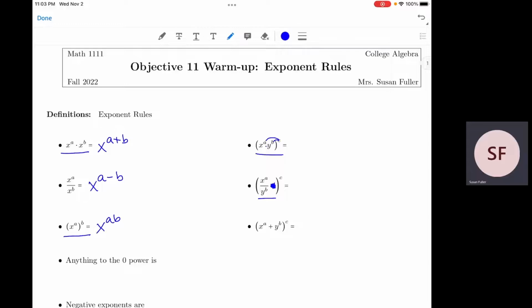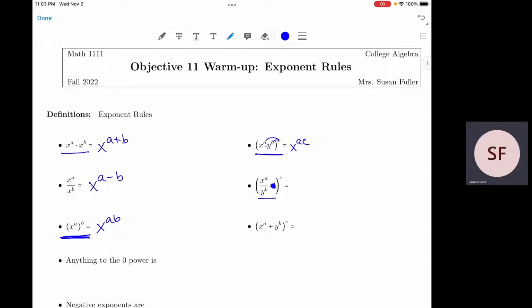Again, you can only do this when it's strictly multiplication and division only inside the expression. So when you do that, x to the a to the c power here will be x to the a times c power, because again, coming back here, powers, two powers, we multiply them.